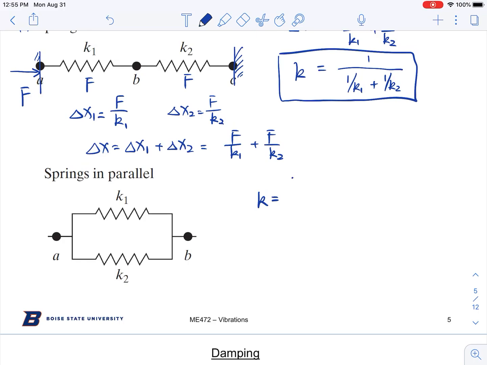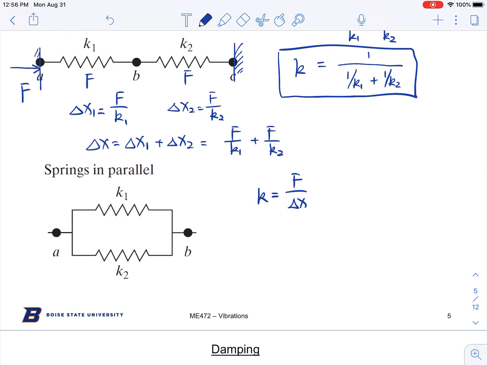Alright, we can use the same concept to calculate the effective spring constant when two springs are connected in parallel. The same idea, you have force divided by delta x. Assume that, again, we're fixing one end and applying a force F on the other side. Because these two springs are in parallel, the deflection of each spring is the same.